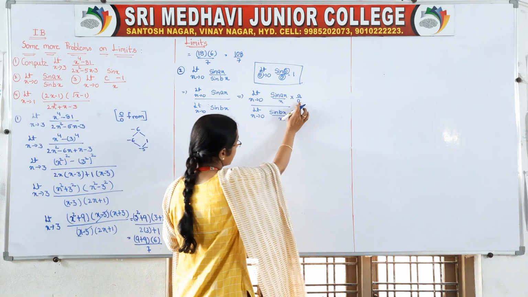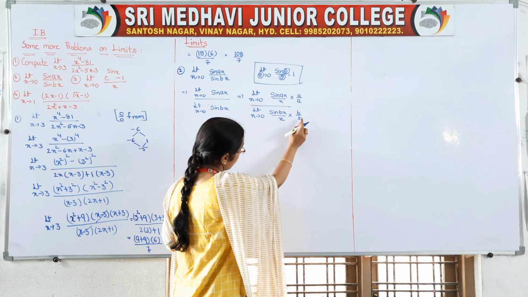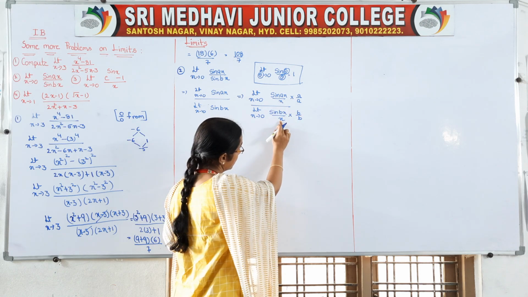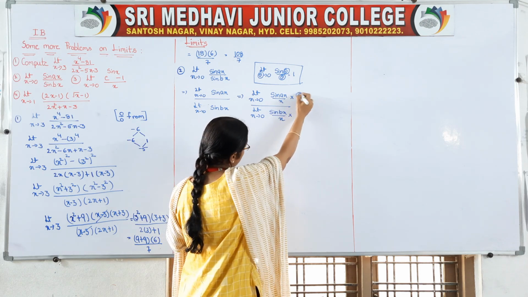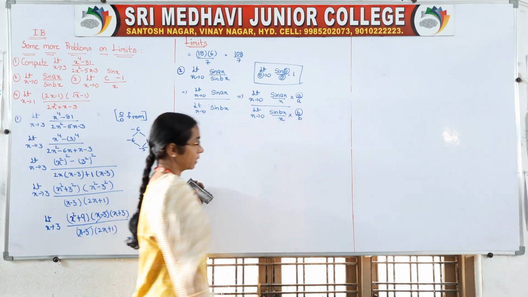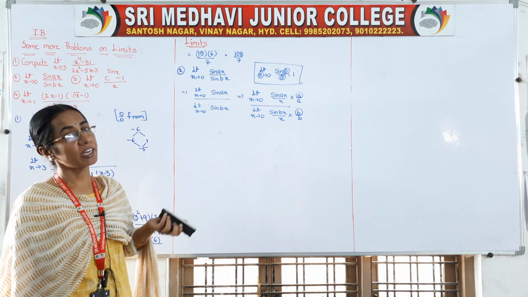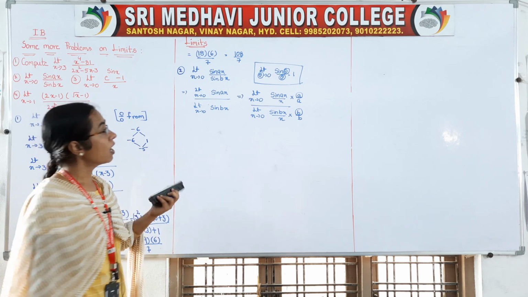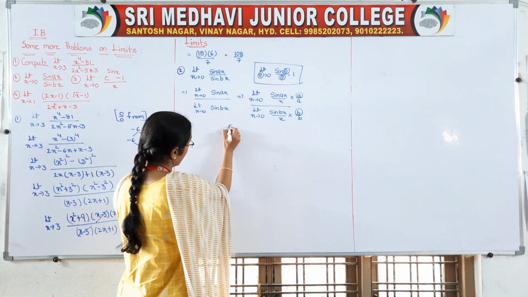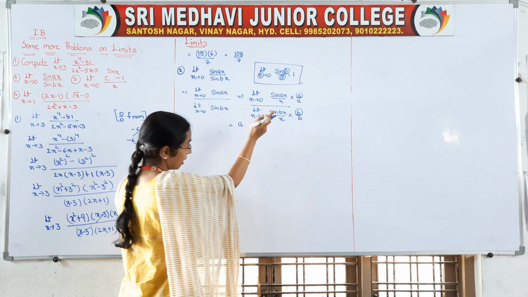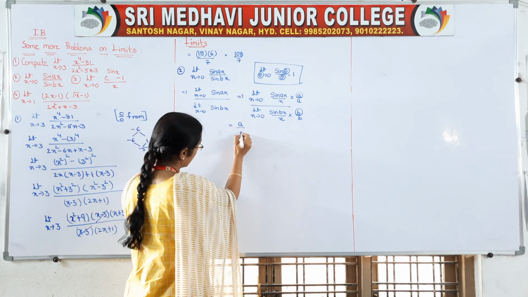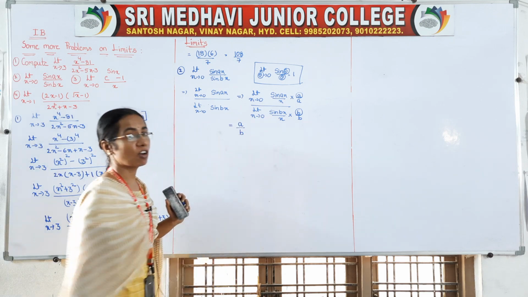We take this a along with this x, and this b along with this x, but we don't want this a and this b, as they are constants. We know very well we can write the constants outside of the limit. So you take a from the numerator and b from the denominator.